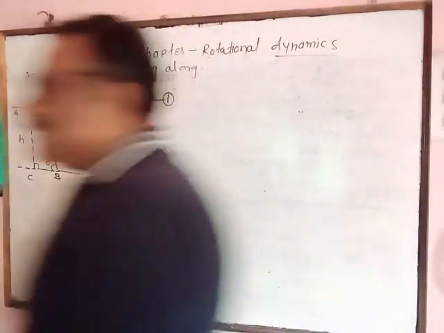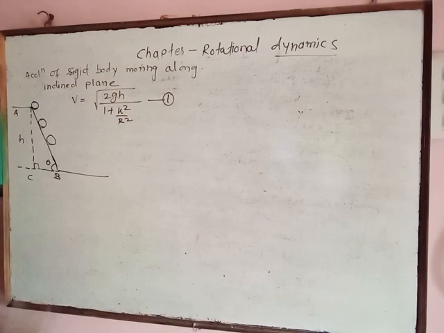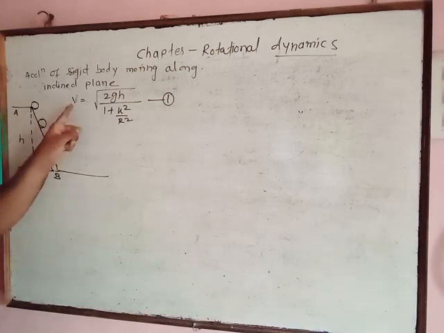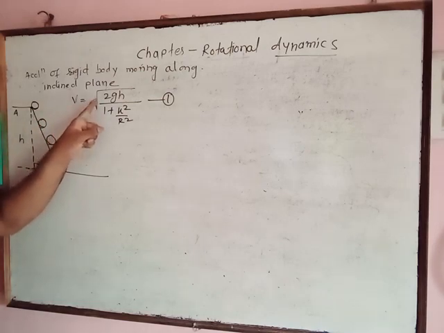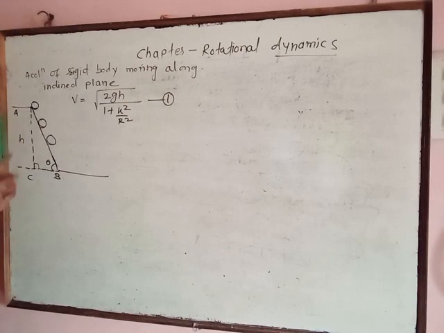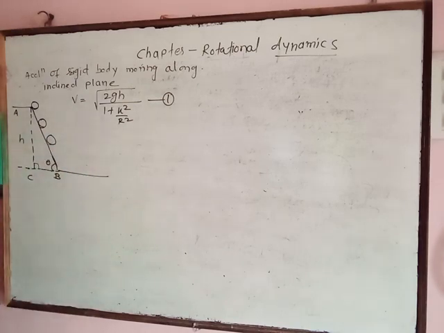When the body is released from the top of the incline, we know the body performs rolling motion, and we have already calculated the linear velocity at the bottom of the incline, given by V equal to under root of twice gh upon 1 plus k square upon r square, where h is the height of the top from the bottom and k is the radius of gyration.